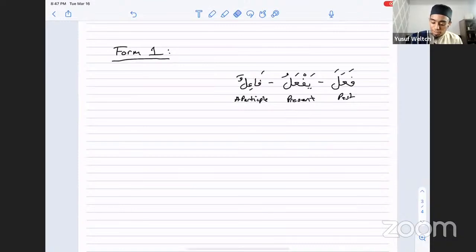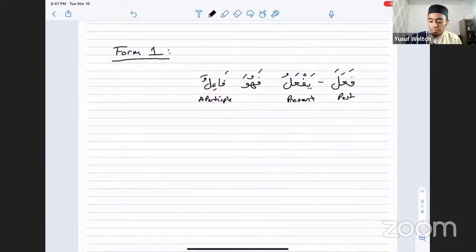Generally, when the Arabs teach this, it's called sarf saghir, the small sarf, and they try to make it into a sentence. So they'll say fa'ala, he did, yaf'alu, he is doing, fahuwa, so he is, fa'ilun, a doer. This added part gives it more fluidity. Fa'ala yaf'alu, fahuwa fa'ilun.